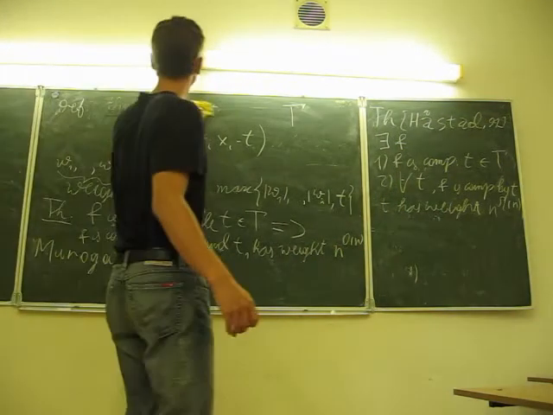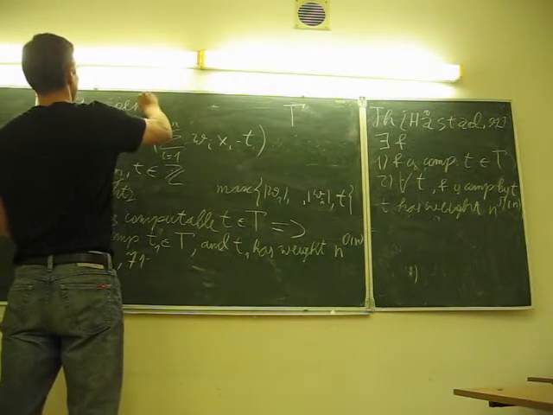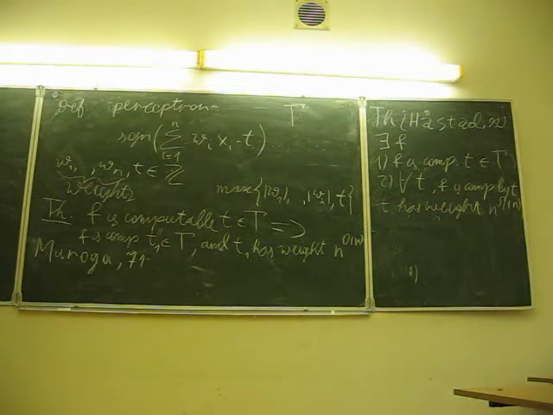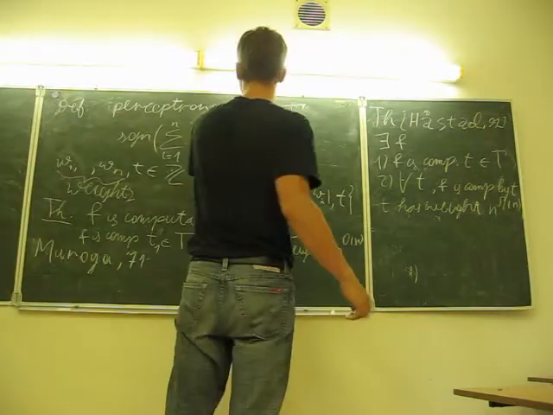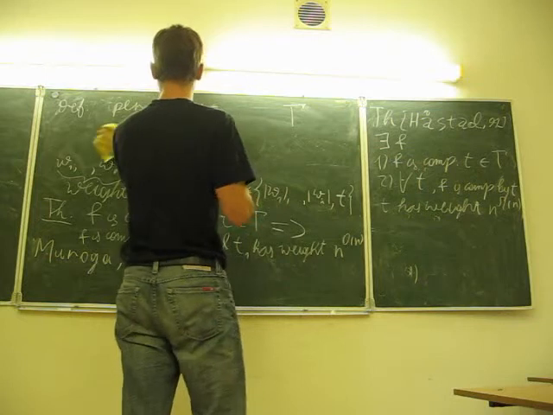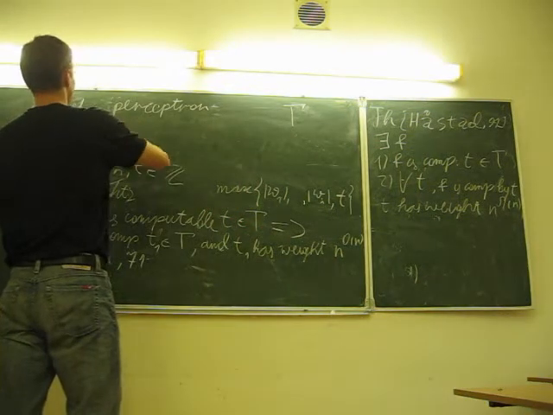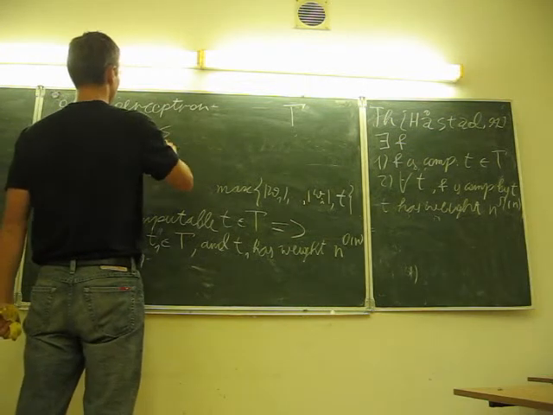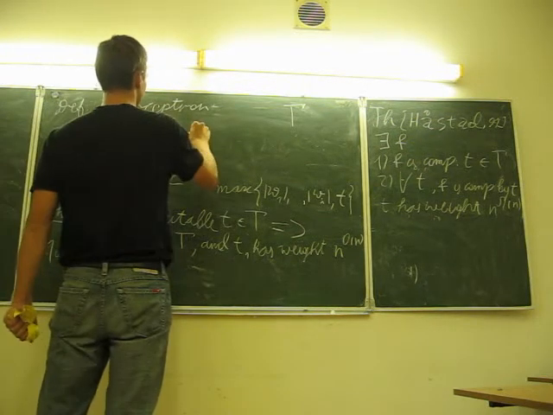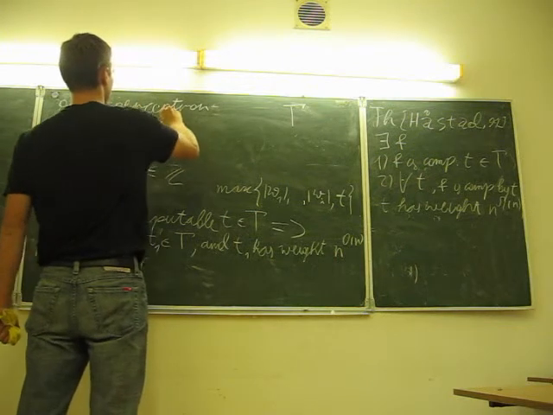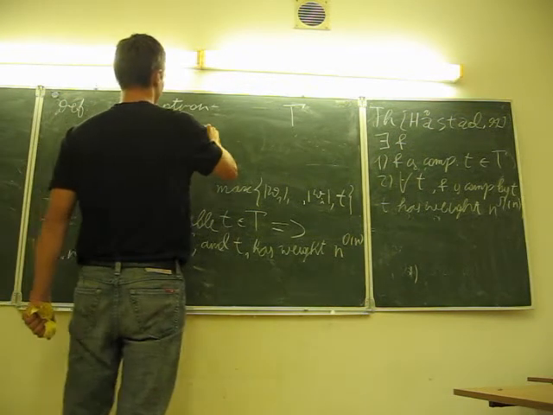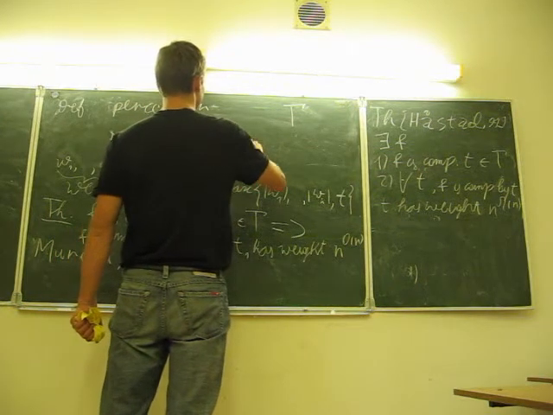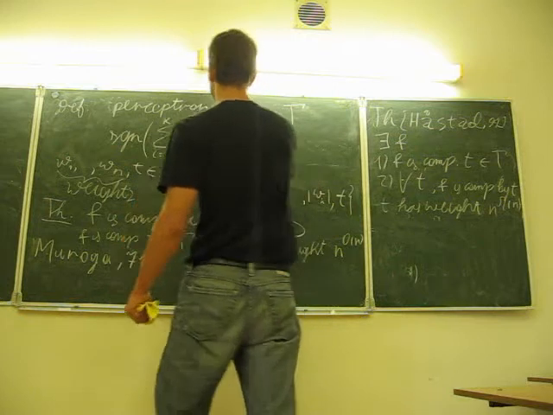A perceptron is a Boolean function of this form: the sign of a linear combination of functions depending on input variables.